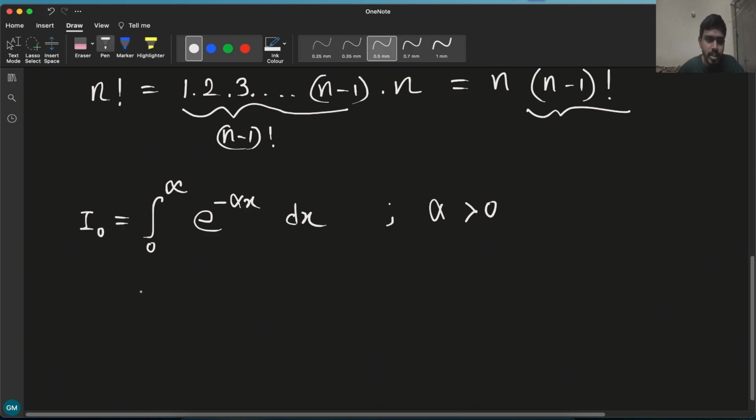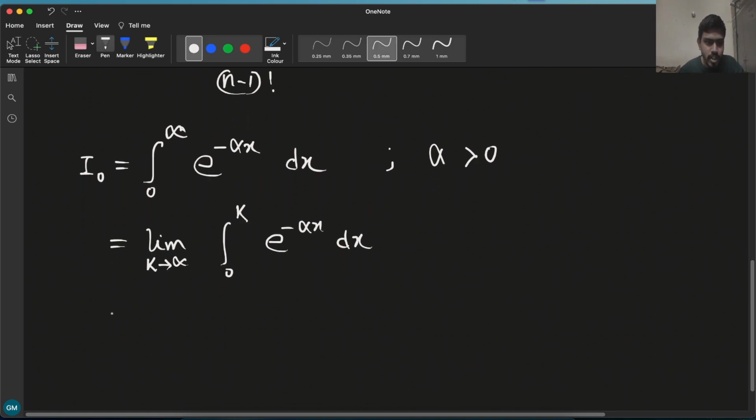If I calculate the integration, I can write it as limit k tends to infinity, integration 0 to k e to the power minus alpha x dx, right?